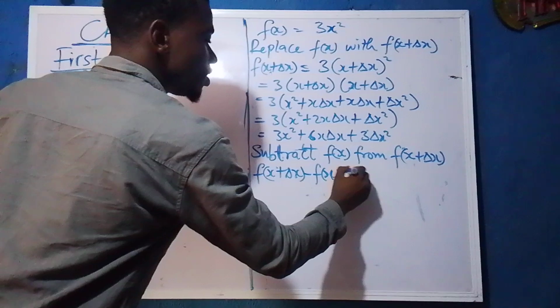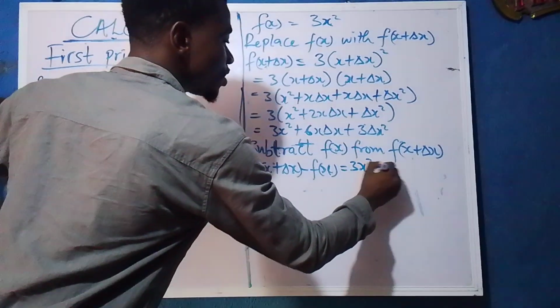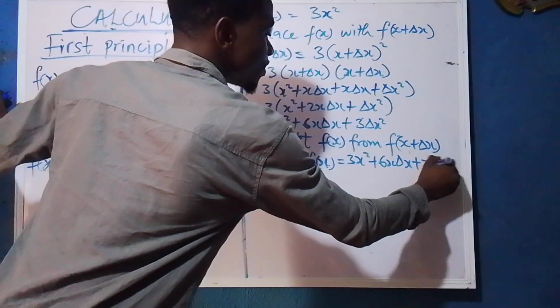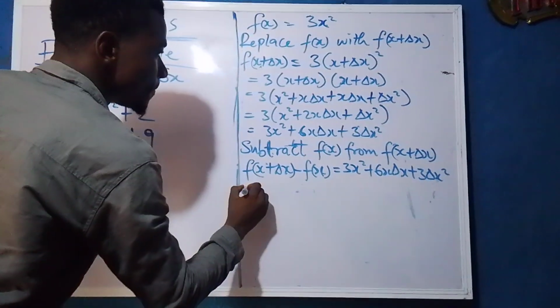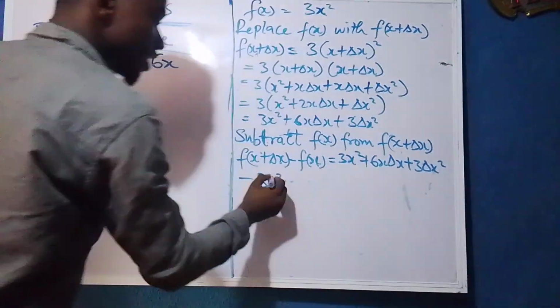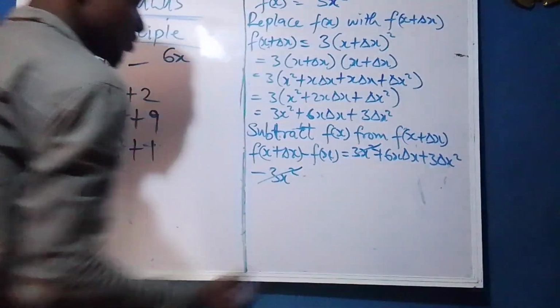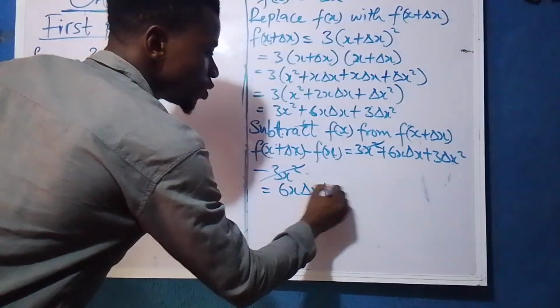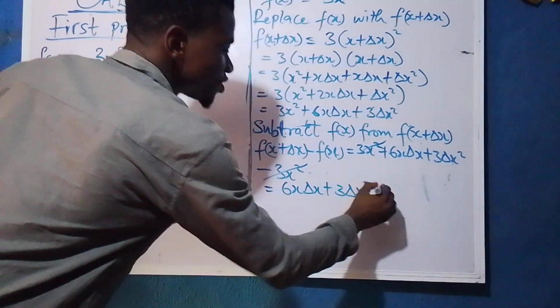Do you understand? So that will give us 3x squared plus 6x dx plus 3 dx squared minus 3x squared. It is obvious that this will cancel out this. So we are now left with 6x dx plus 3 dx squared.